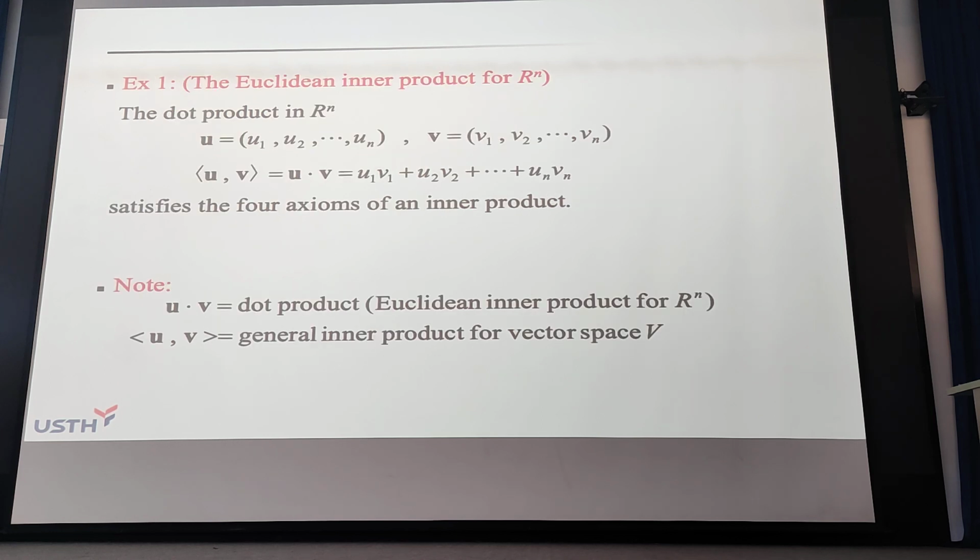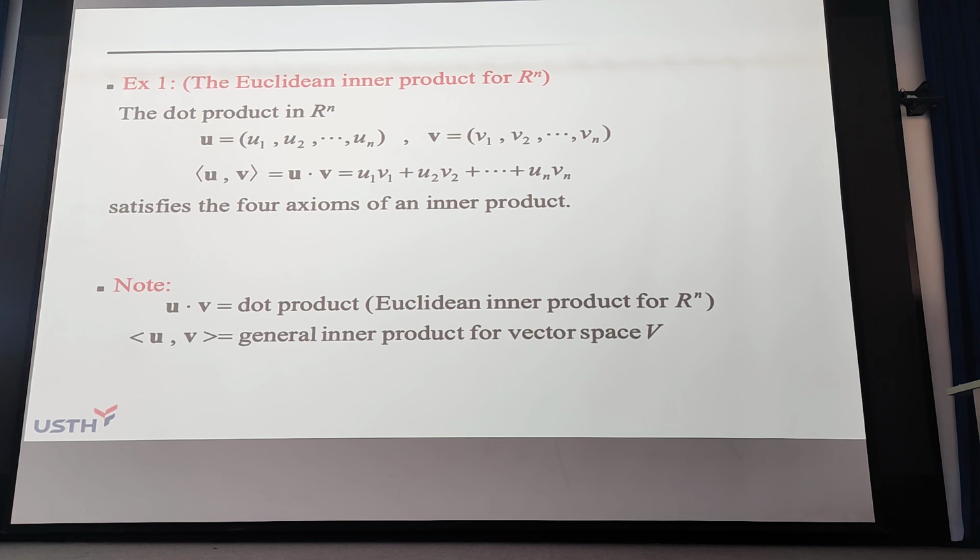And here is an example. Obviously, we take the dot product in Rn. The dot product, I repeat it once again, is that number here. If I denote it by U, V inside the angle brackets like that, it is exactly an inner product because it satisfies all four axioms.